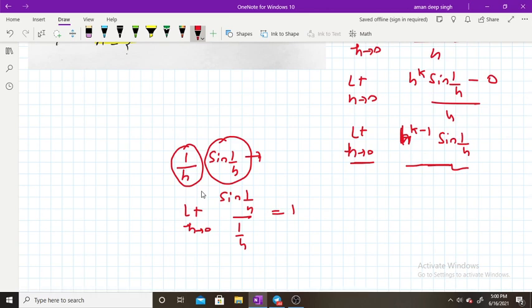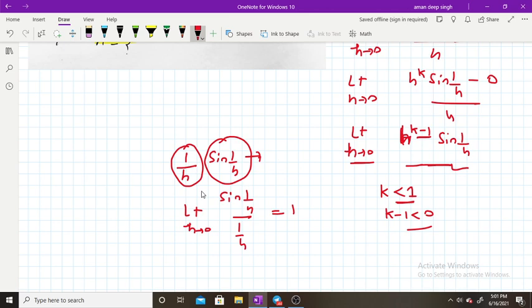So for which values does h end up in the denominator? When we put k less than 1, then h is definitely in the denominator, because k minus 1 is less than 0.